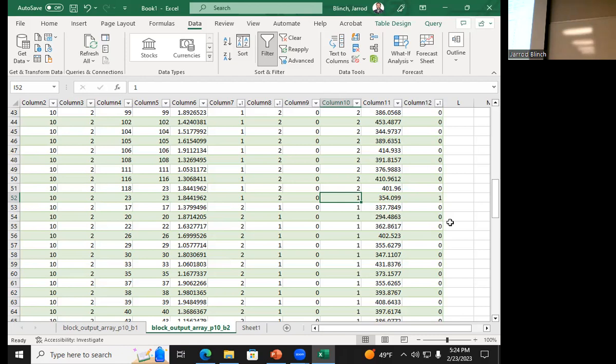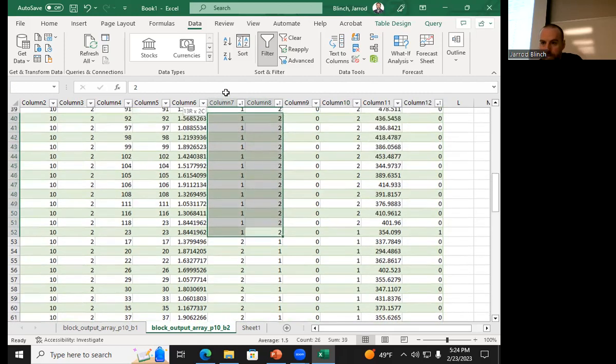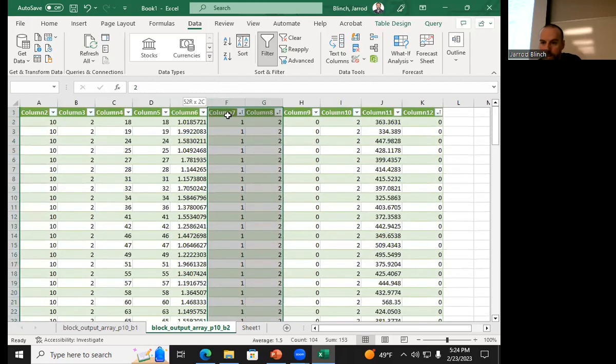To turn this into a proportion, we're going to need to divide that by the total number of left stimulus, right response trials. And there were, let's see if we can highlight it to find out, there were 51. So we want to divide that by 51. For a percent, we would multiply it by 100. We want proportions, so we just don't multiply it by 100. So what is 1 divided by 51?